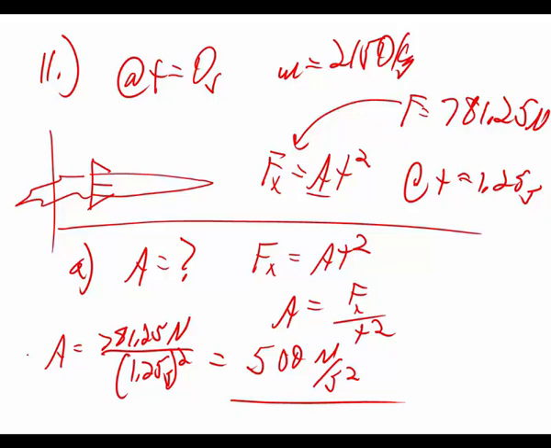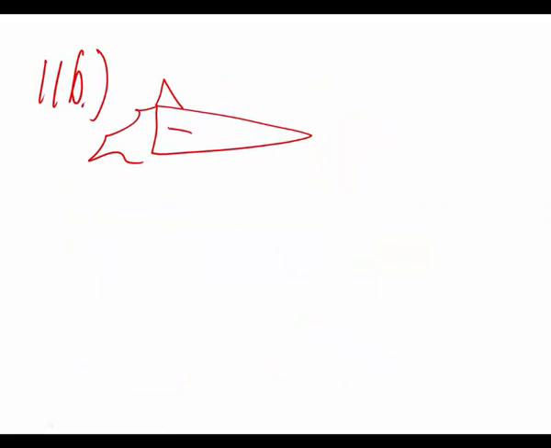So do we understand what it's saying? Let's write it and then I'm going to pause. So 11B. The rocket fires its engine. Ignore that. We know that A is what? 500 newtons per second squared.